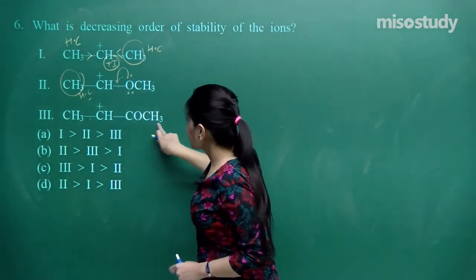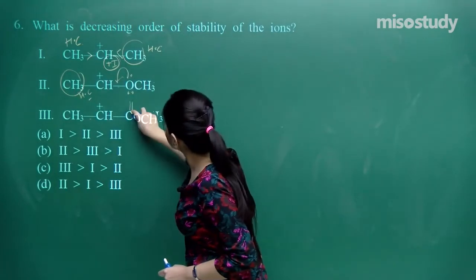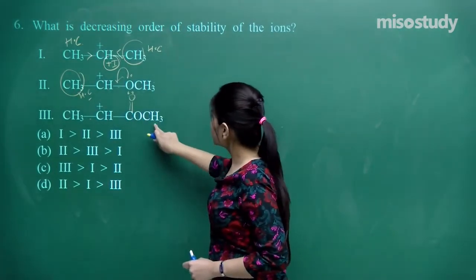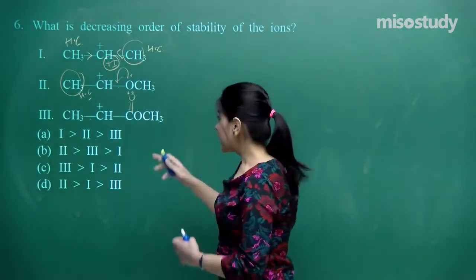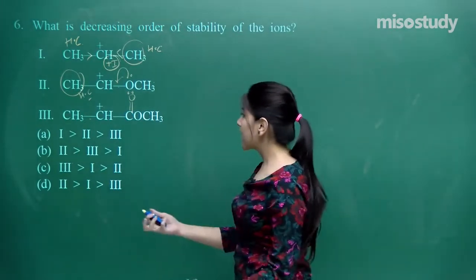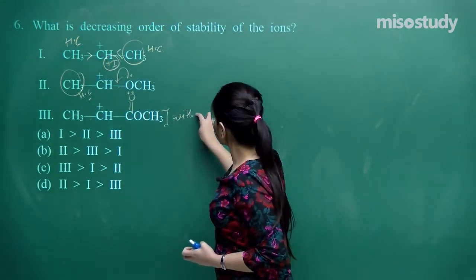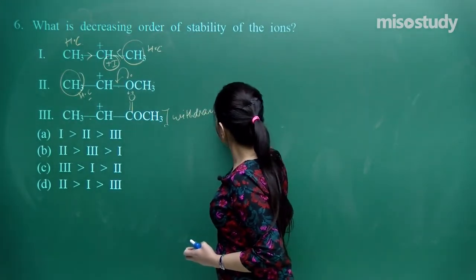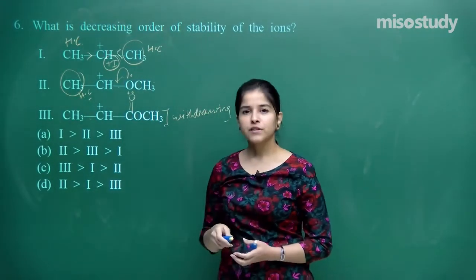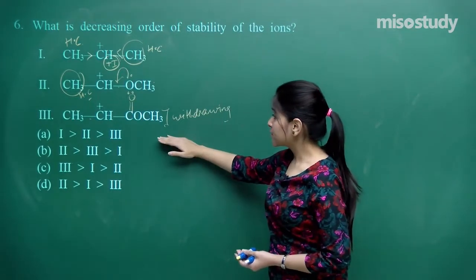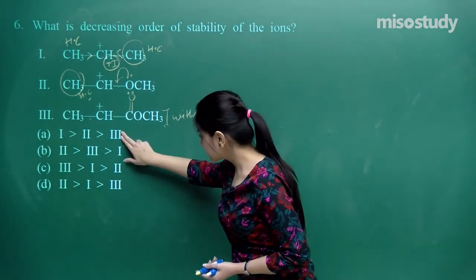And if you see over here, what do you have? COCH3. That means instead of donating, it is serving as a withdrawing group. So that is a withdrawing group. So that will be the least stable structure. 3 is the least stable.